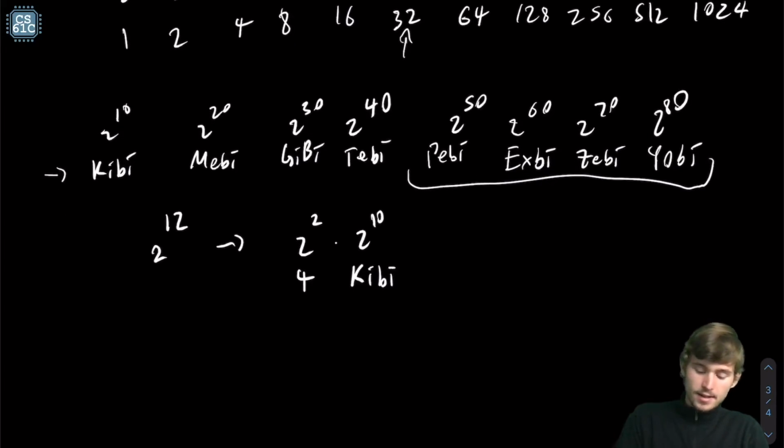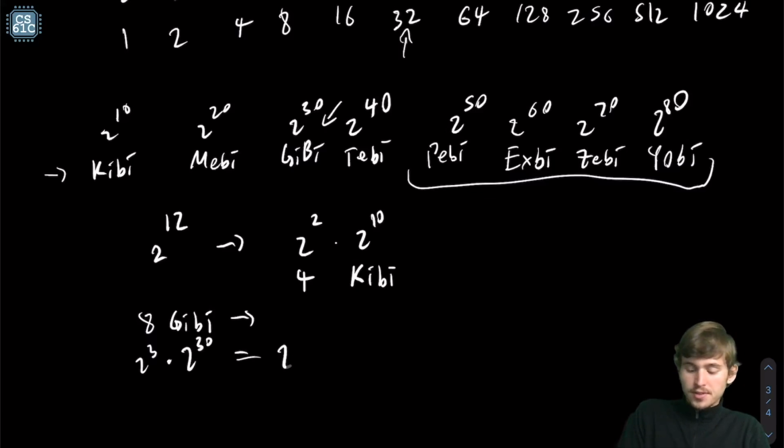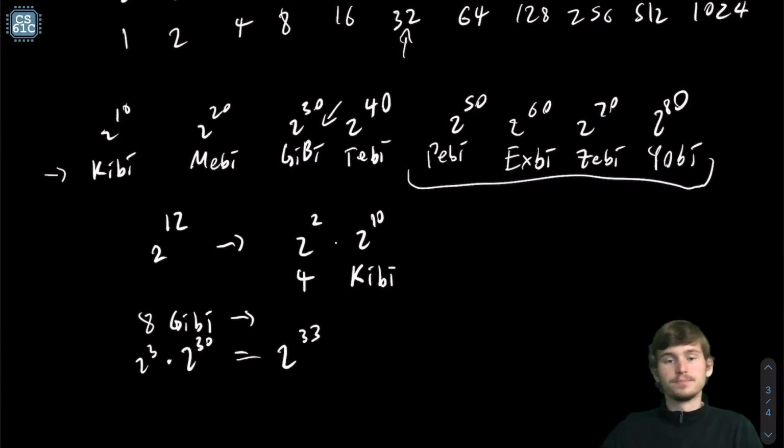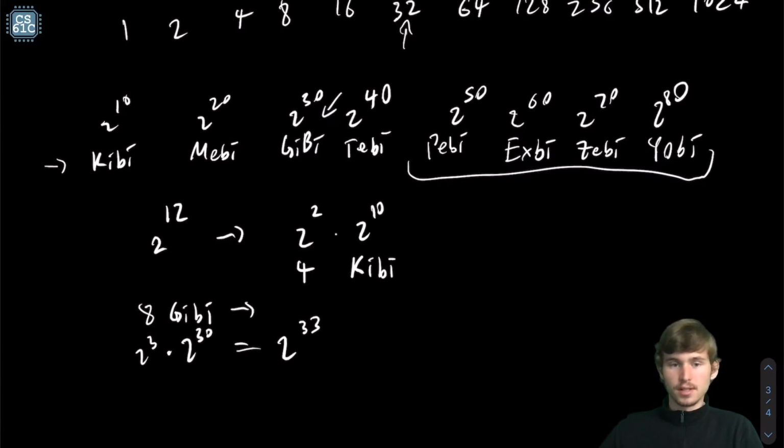Just like if I had 8 gibi, I know that 8 is 2 to the 3, and I know a gibi is 2 to the 30, that's what I have up here. So if I multiply these two together, this is 2 to the 33. So those are some tricks for doing those types of conversions.